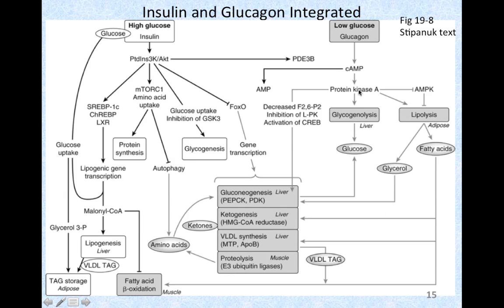And over here, that protein kinase A is decreasing. Here's fructose 2,6-bisphosphate inhibiting this kinase, this liver pyruvate kinase. And then this is the CREB that we talked about before.